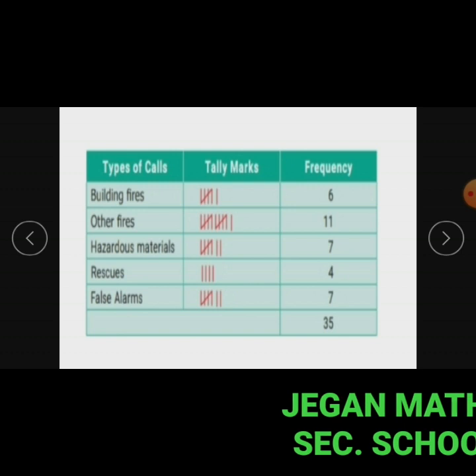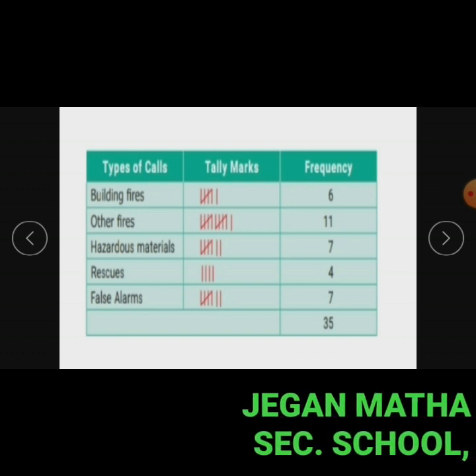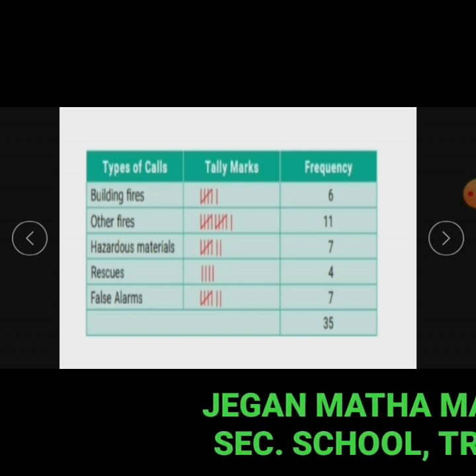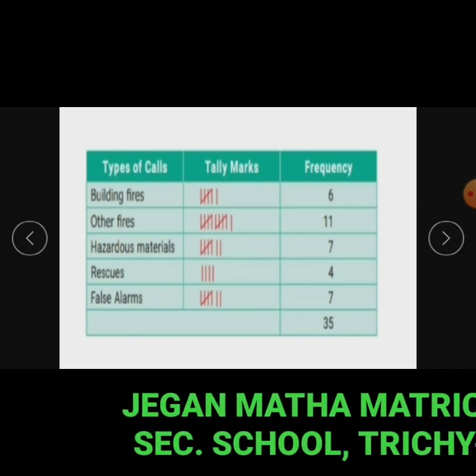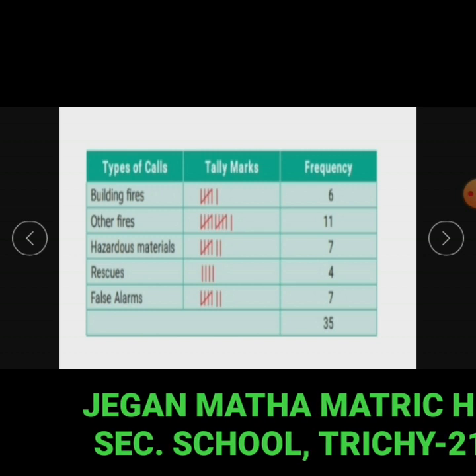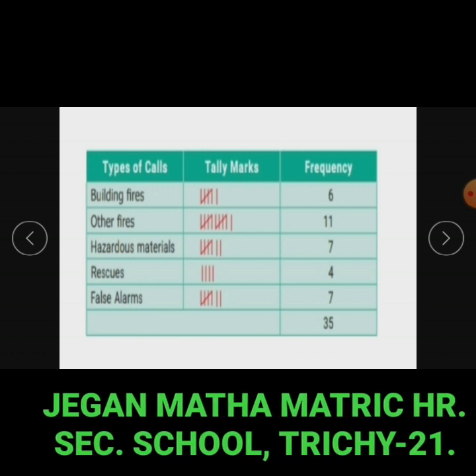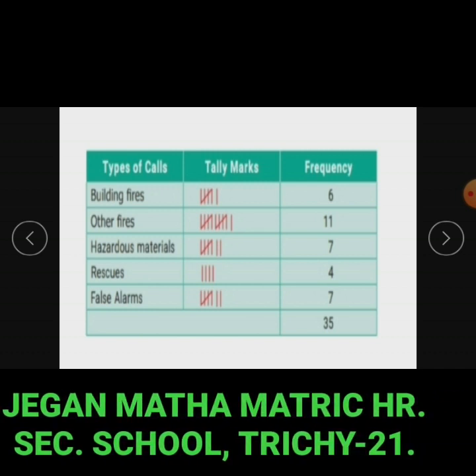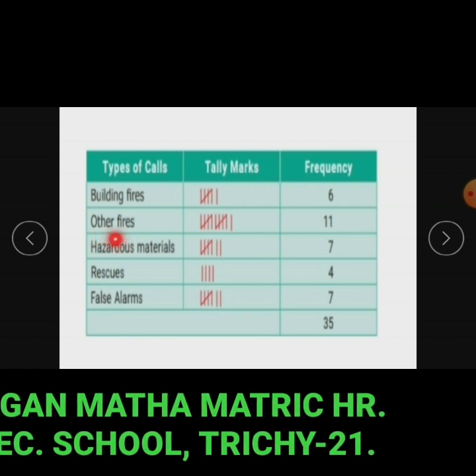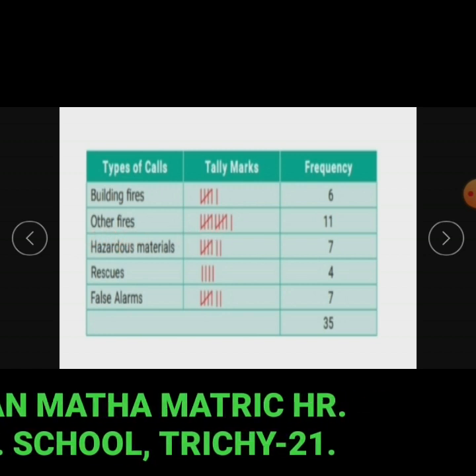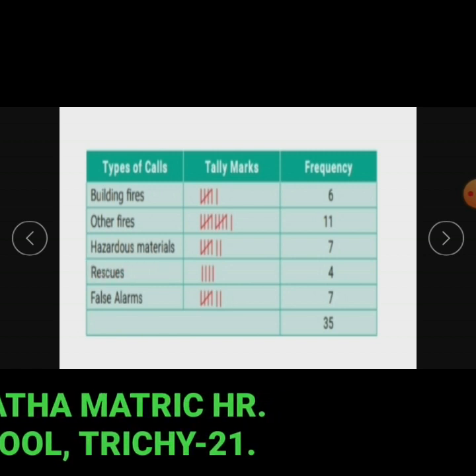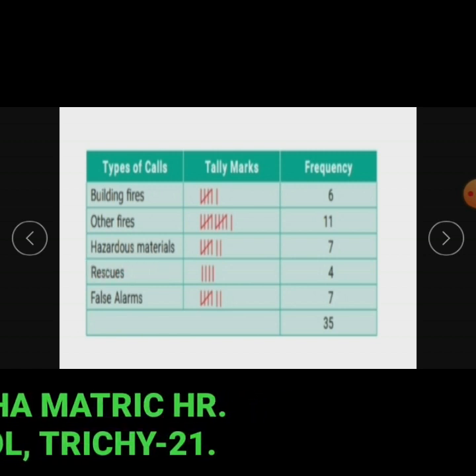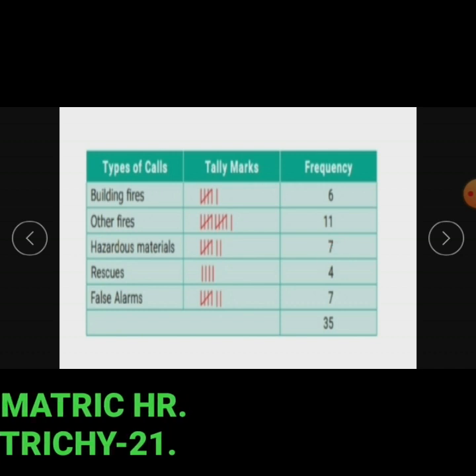Now we prepare the tally marks table. Types of calls, tally marks and frequency. Building fires calls were recorded by 6. Other fires calls were recorded by 11 people. Hazardous materials calls by 7.